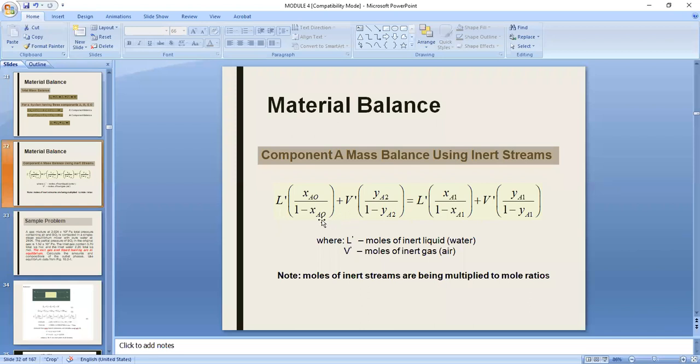Another thing is you're not multiplying the inert streams by mole fractions, but rather by mole ratios. Anyway, it's written here.